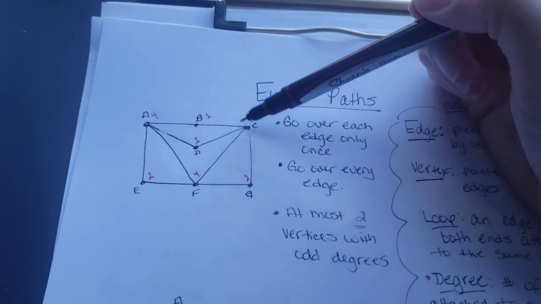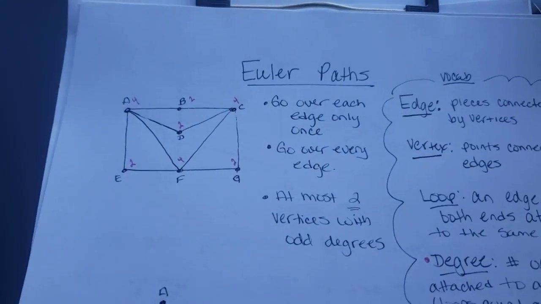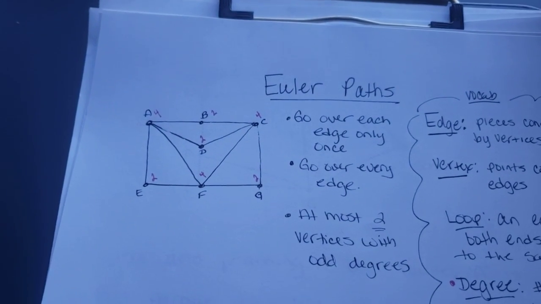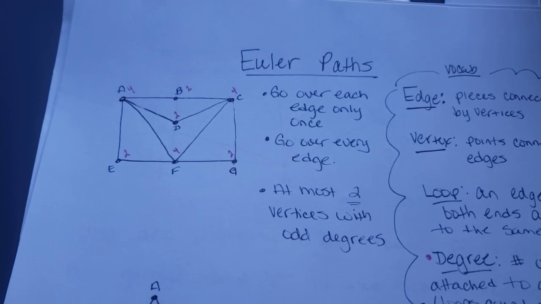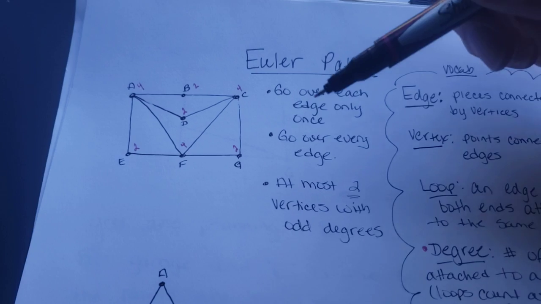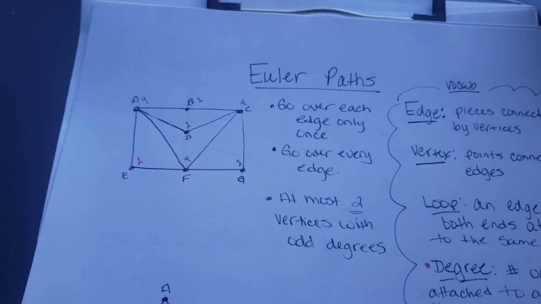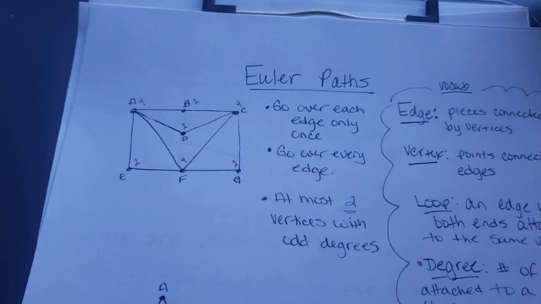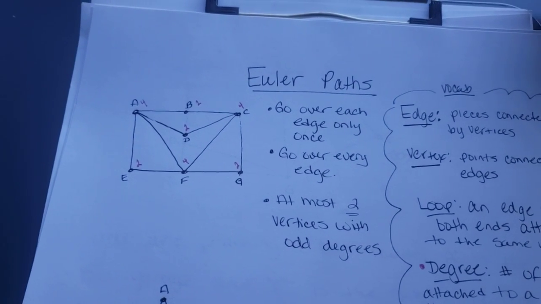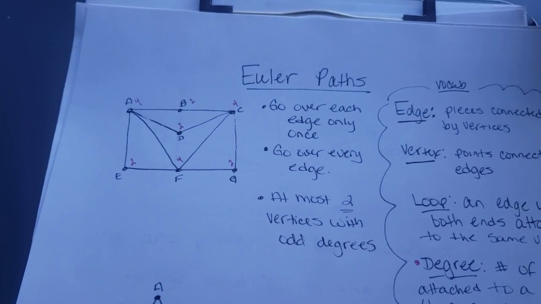If you look at this one, all of the degrees are even, which means this is an Euler path. There are no odd degrees. So if I choose the right places to start and finish, I should be able to go over this whole shape, only going over each edge once and going over every edge.